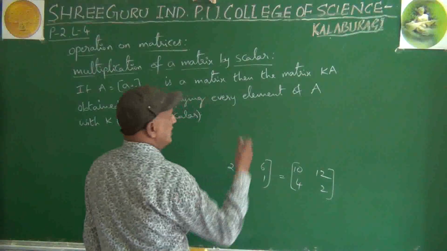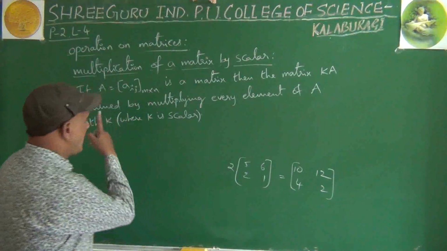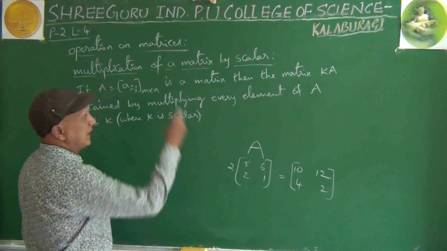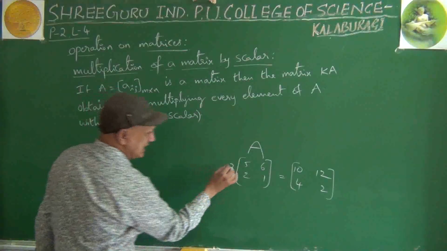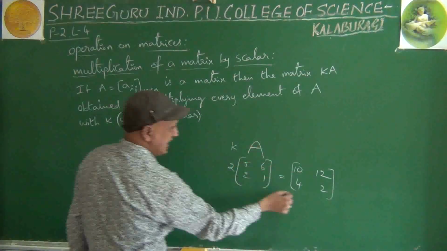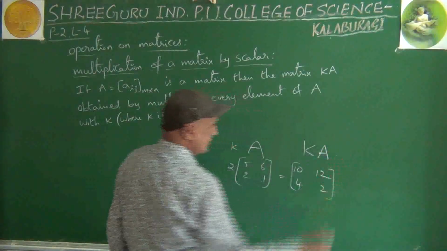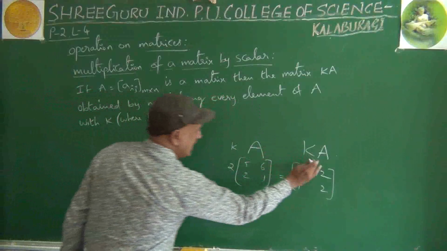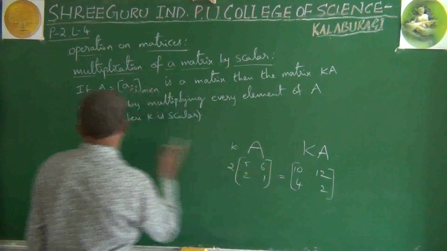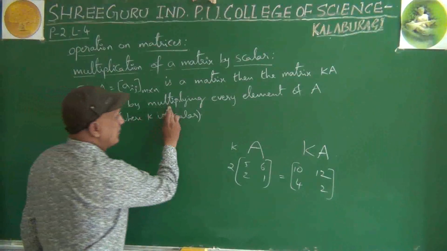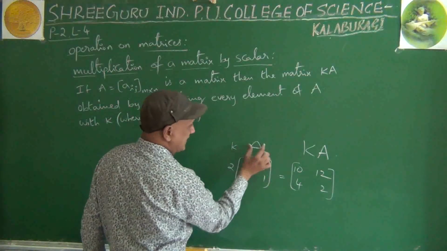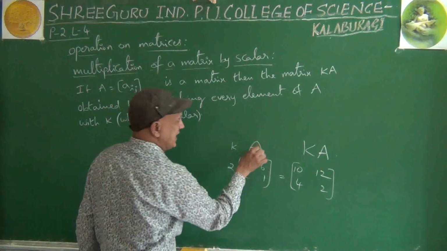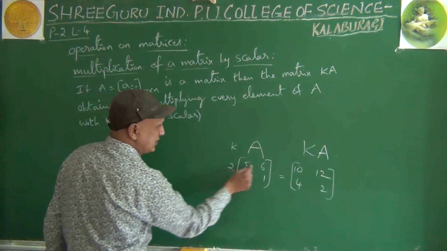Now let us apply this definition. Capital A equals Aij, an m by n matrix. Then the matrix KA is obtained by multiplying every element of A with K, here with 2.